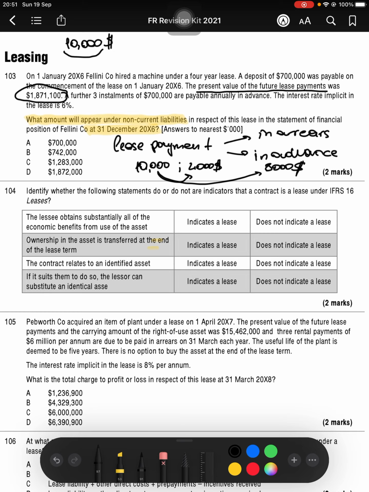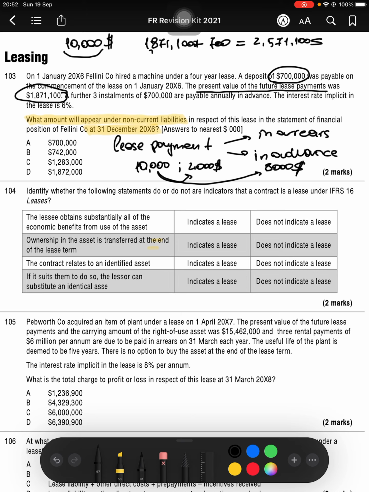So the 700,000 at the commencement date has already been paid, because if it hadn't been paid, then our total lease liabilities would have been plus 700, which is something around 2,576,100.